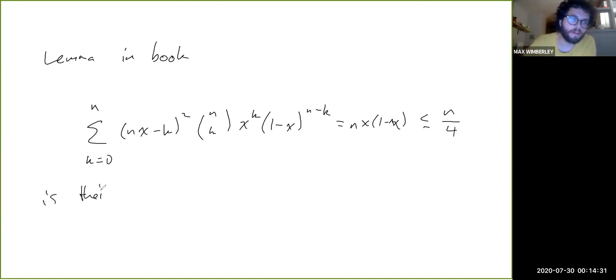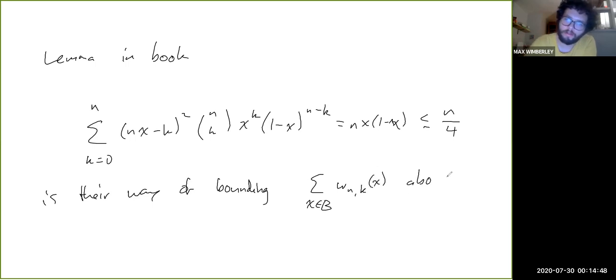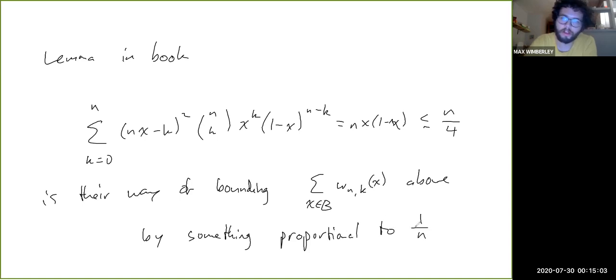It is their way of bounding the sum over k in B of W_{n,k}(x) above by something proportional to 1 over n.